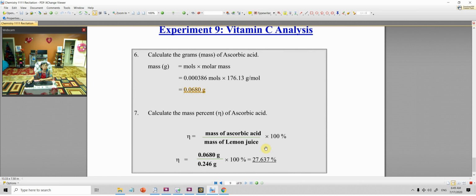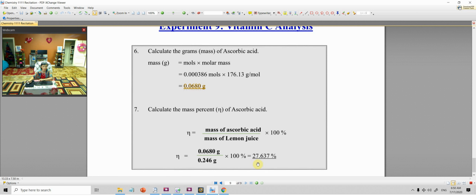So you use the total grams of your lemon juice or whatever we gave to you. In our case, we gave you the lemon juice, which is 0.246, and the grams of your ascorbic acid you calculated. Use ascorbic acid mass divided by lemon juice mass multiplied by 100%. So you created the percentage.